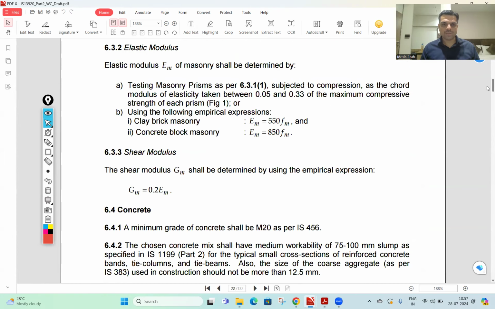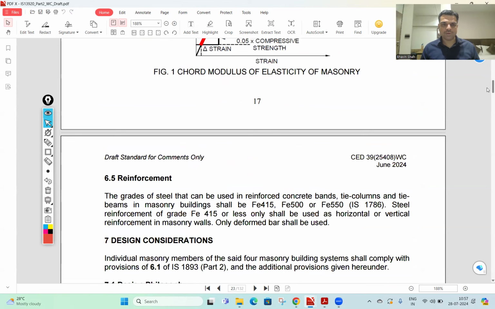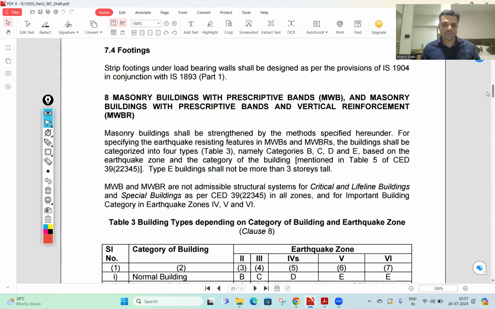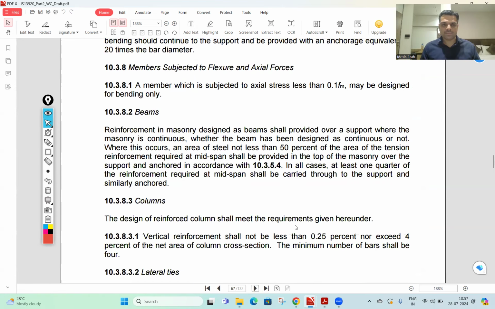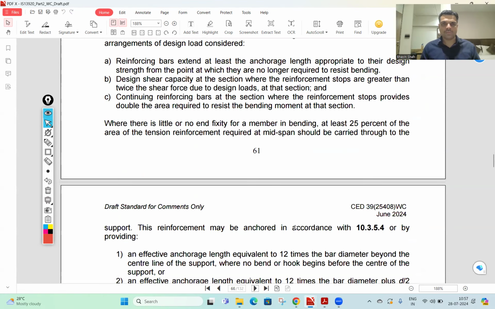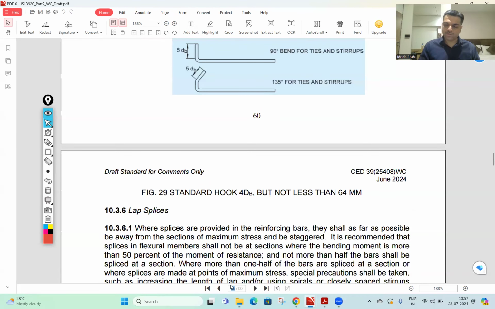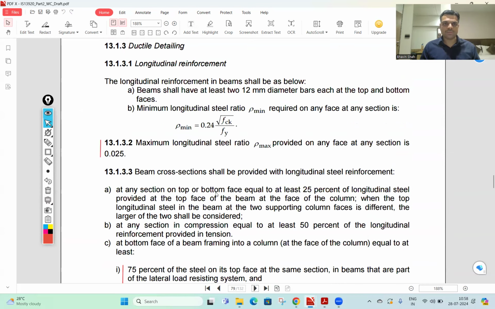Okay, so let's directly go to the concrete structure, because I am still in the process of going through these requirements for the brick masonry. Let's jump to page number 67. Let's see. Okay, so let's try to find out from where it starts.